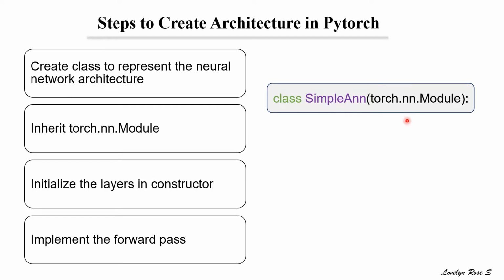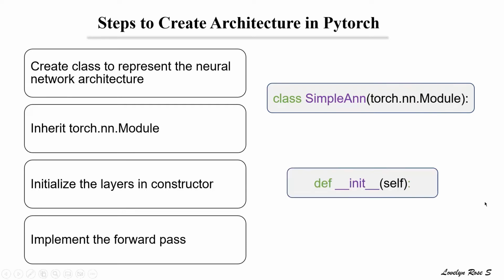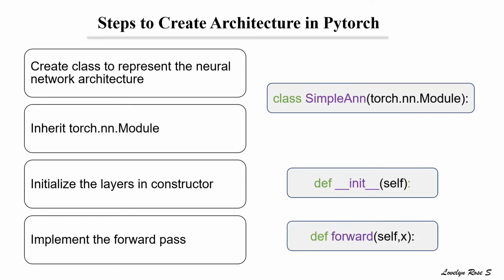This has to inherit torch.nn.Module. We have to initialize the layers in the architecture in the constructor. And then we implement the forward pass in a function called forward. So in the rest of the session, we are going to look at how to write this init and how to write the forward and actually do a full-fledged training.